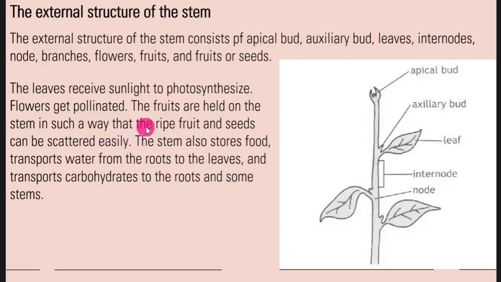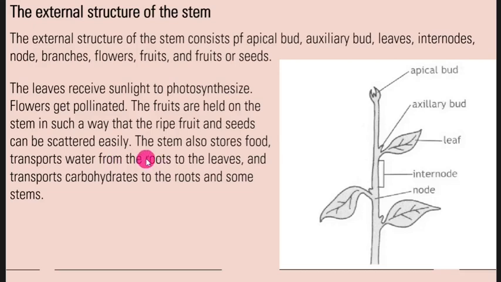How about fruits? Fruits are held on the stem in such a way that the ripe fruit and seed can be scattered easily. So that's their function, to make sure that when a fruit is ripe, it can easily scatter the seed.